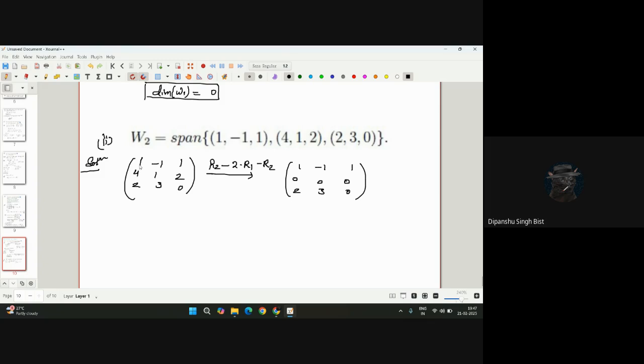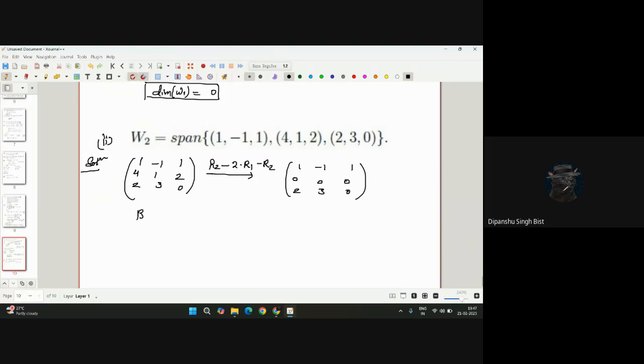It's 4 minus 2 minus 2, 0. And 1 plus 2 minus 3, 0 again. And then 2 minus 2 minus 0, so 0 also. So this is a 0 row. You eliminate the 0 row and only take the non-zero rows.